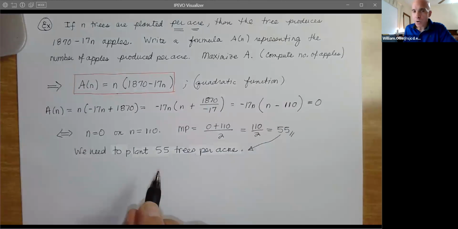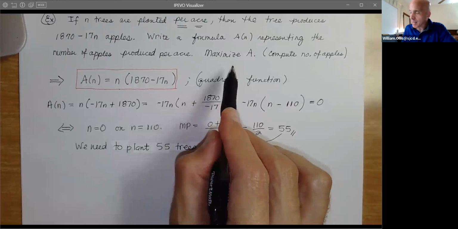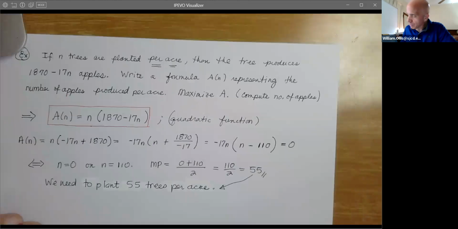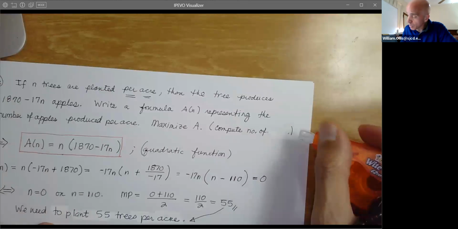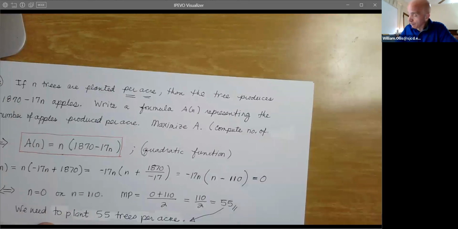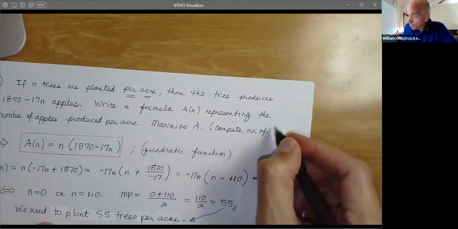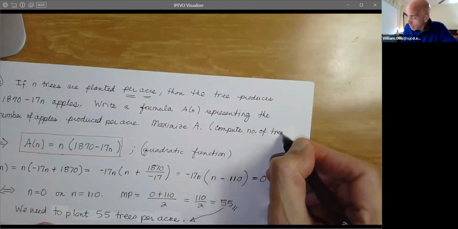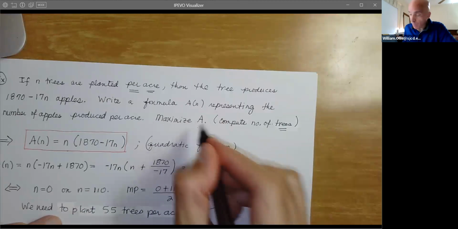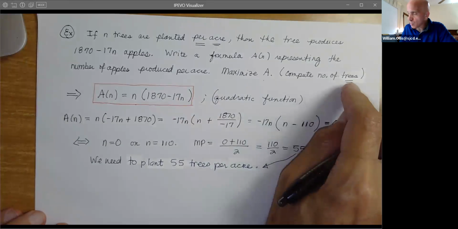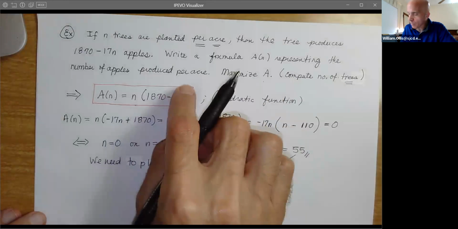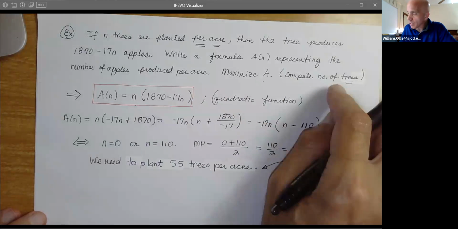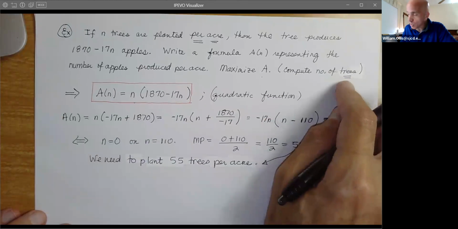So if we're interested in maximizing, and that's what I said, actually here, that's what I should have said, compute n. We're going to compute the number of apples. That's what the A is going to be, but compute number of trees. This will give us the number of apples. I mean, I was really trying to tie this into the end, not that. We know what that is. That represents the number of apples per acre, but we want the number of trees. So go ahead and make that change in your notes.